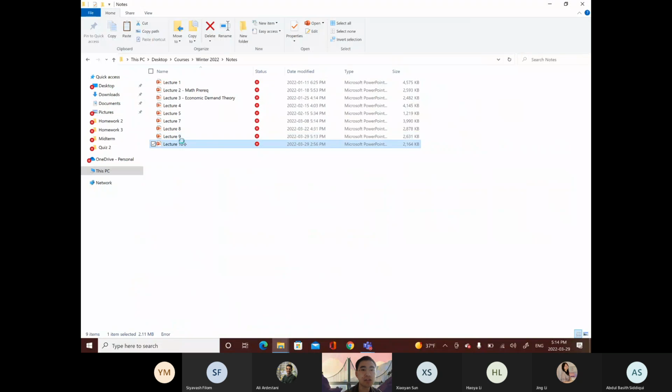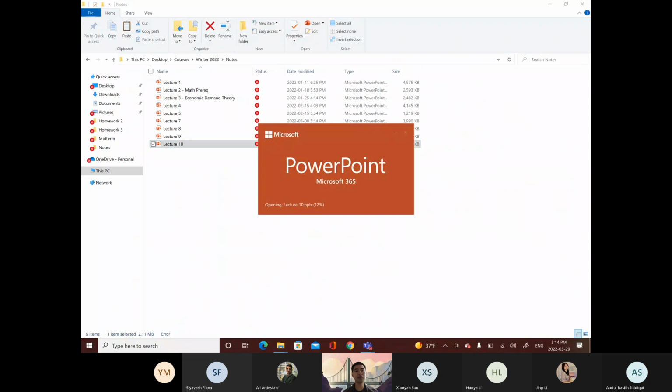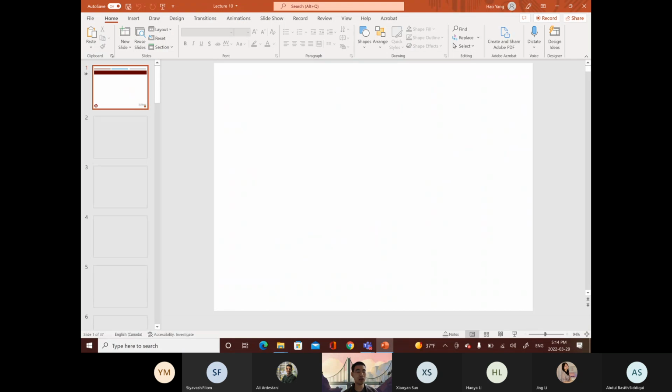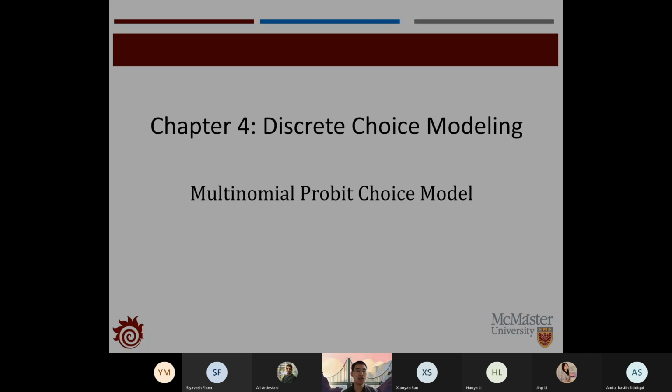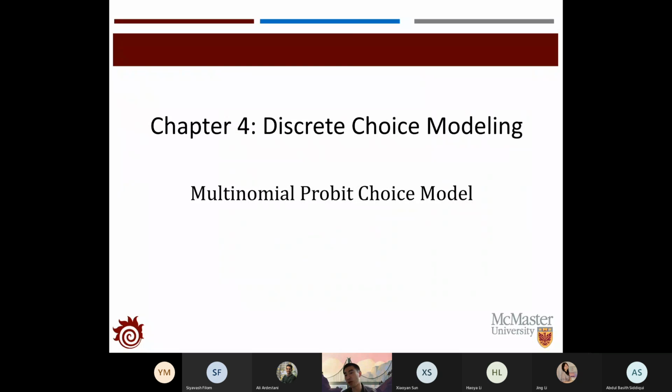The next model deals with a more complicated situation, without any independence of the random terms. That one is called the probit model. It is different from the logit model.